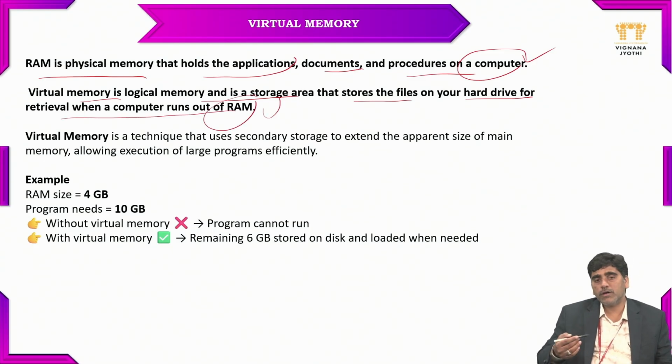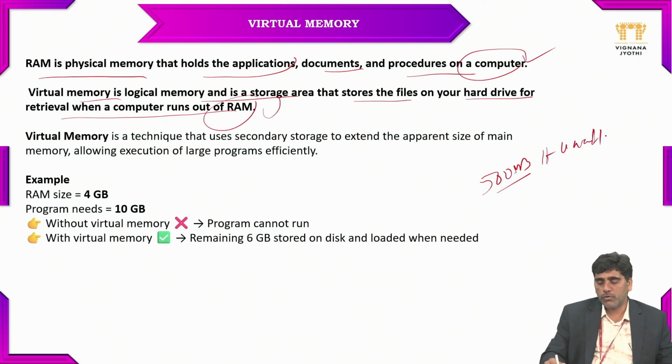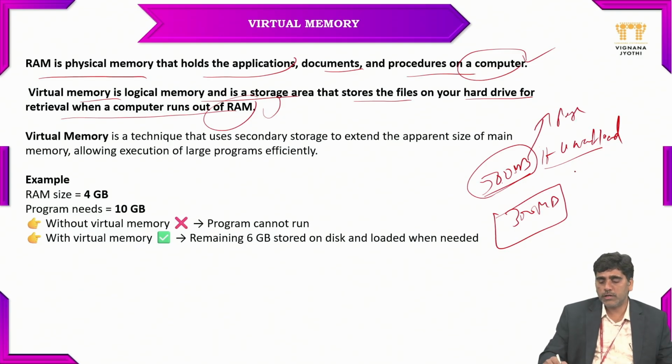Suppose we have an application of 500 MB that we want to load, and the main memory has 300 MB. At that time this 500 MB application is not able to load with 300 MB of memory, so to load this page, the main memory looks for the additional 200 MB. It retrieves it from the virtual memory.